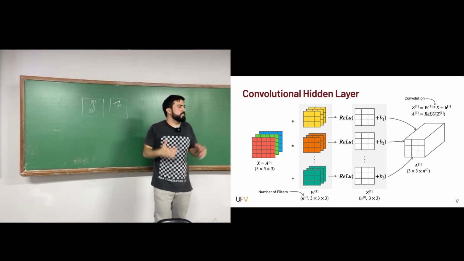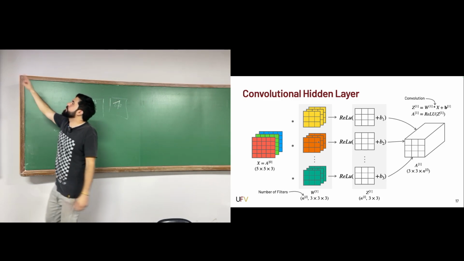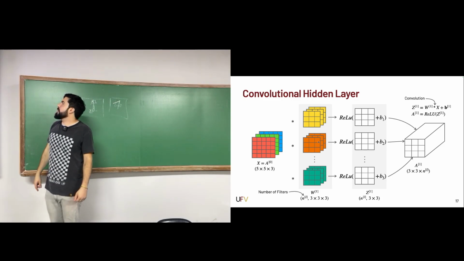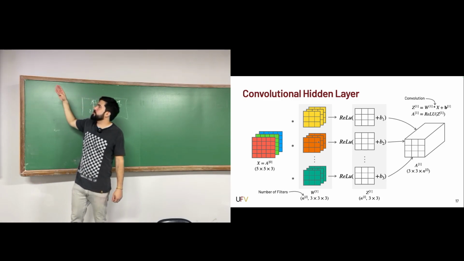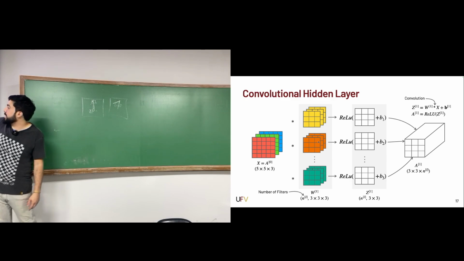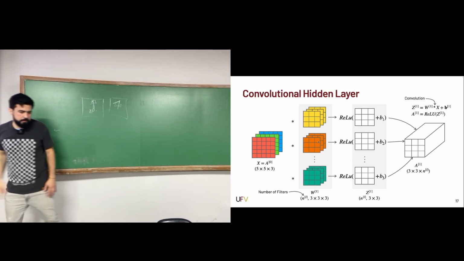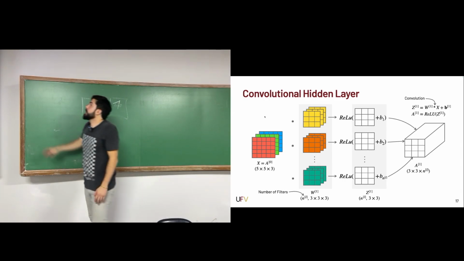So that W1 there is my set of filters. I'm going to convolve those filters with that image X, and sum with a vector B. See here, B1, B2, this should be BNL, right? Not B3 here. There we go.